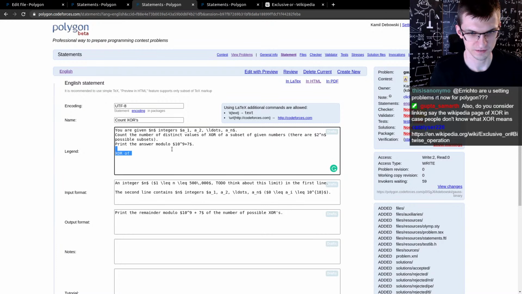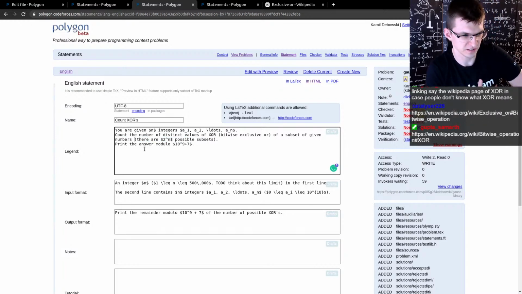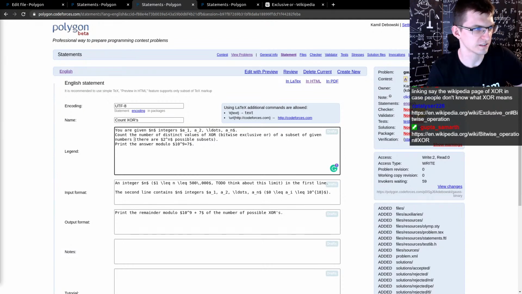XOR. And now the second bracket became a little bit too much in this sentence. Bitwise operation XOR. I see I got 2 distinct links. The one is what I had, yeah. Okay, I like the one with bitwise operation and then XOR. It's fine that they have such 2 similar links.